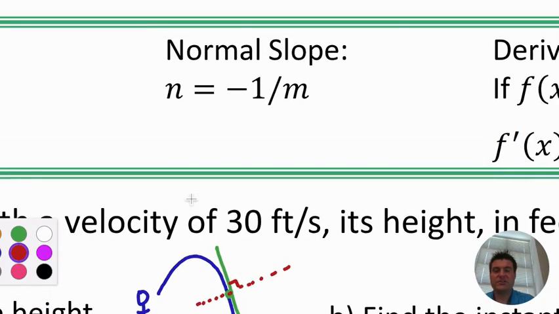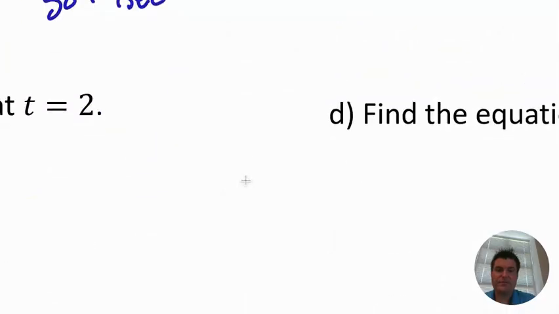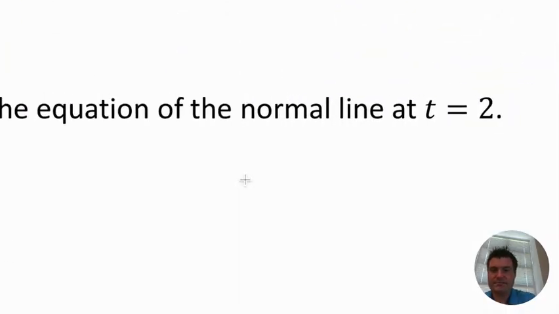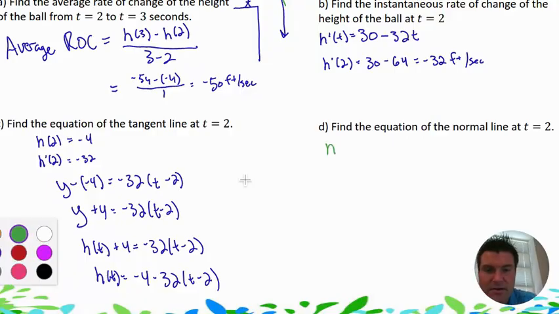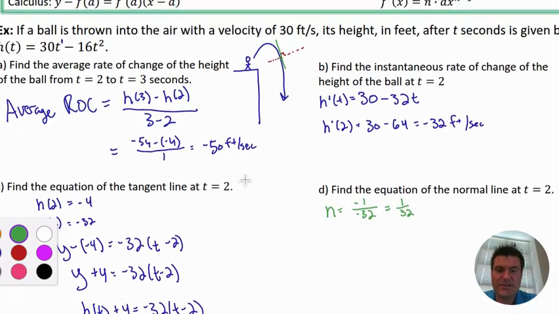So to find our slope for a normal line, it's just the negative reciprocal. So for our slope of our normal line here, we're going to have n equals negative 1 over negative 32. So it's just going to be 1 over 32. That's going to give us our normal slope.